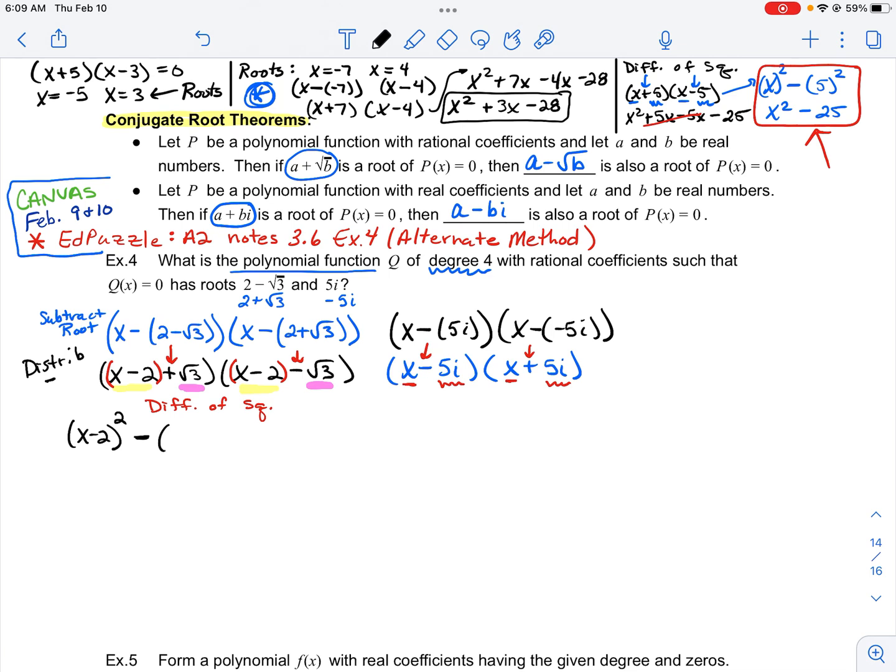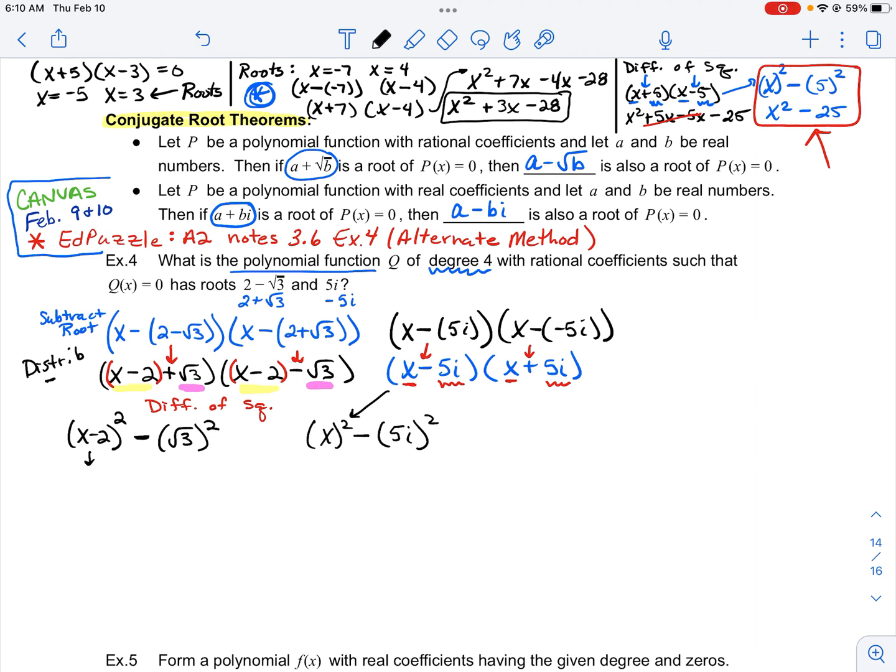And then I'm going to have minus my second term, and I'm going to square that. And I'll do that also with the x minus 5i and x plus 5i. So we have the first group squared minus our second term squared. And we'll begin to multiply this all together.